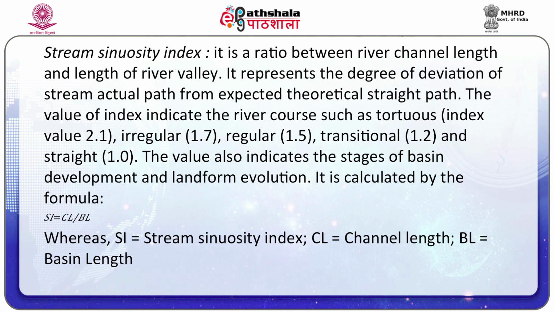The value of the index indicates the river course: tortuous index value is 2.1, irregular is 1.7, regular 1.5, transitional 1.2, and straight the index value is 1. The value also indicates the stage of basin development and landform evolution. It is calculated by the formula.